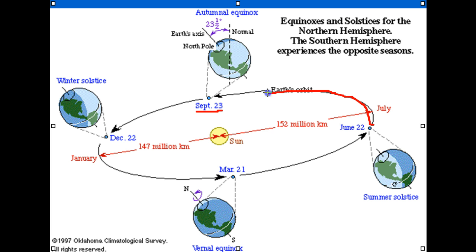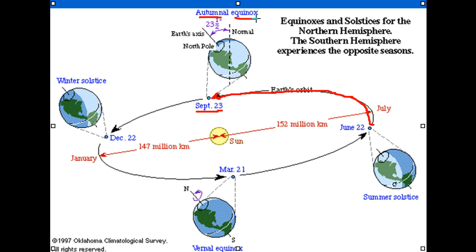So now we're all the way around here to September 23rd. Write the date, September 23rd, in your notes. Then write that this is the autumnal equinox. See up here the words autumnal equinox. Write that down in your notes.